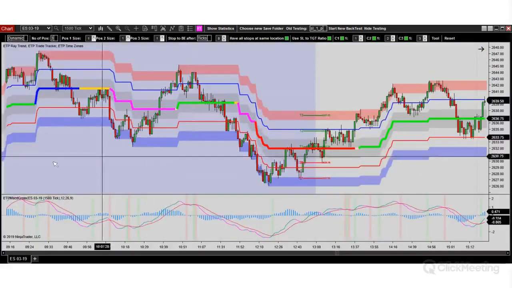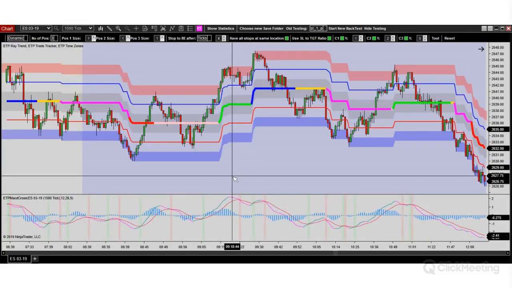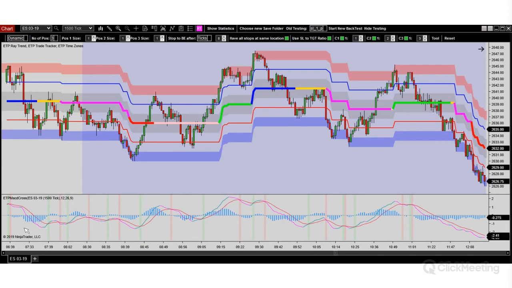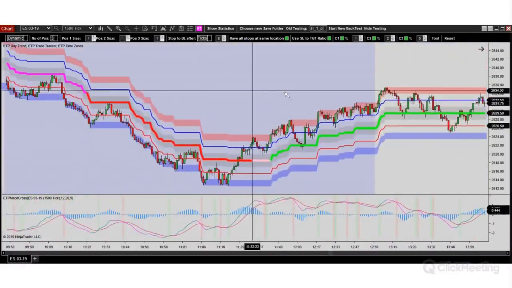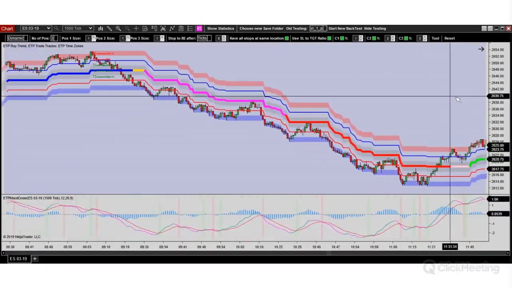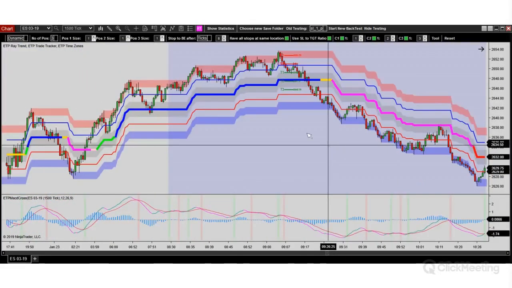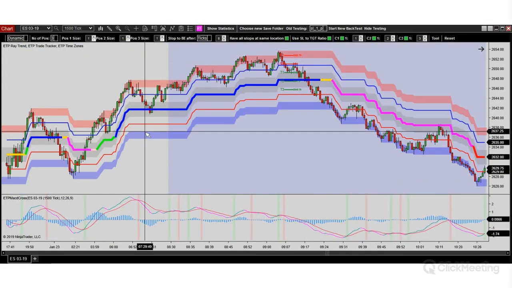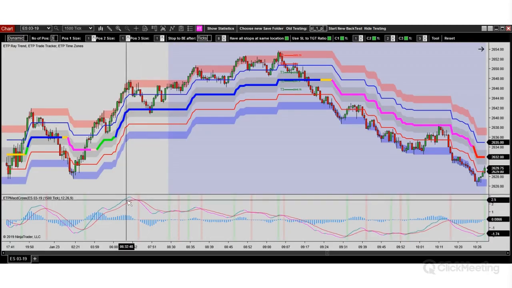Any other questions, guys? The stop loss is at least 6 ticks. It has to be 6 ticks at least, not 8.